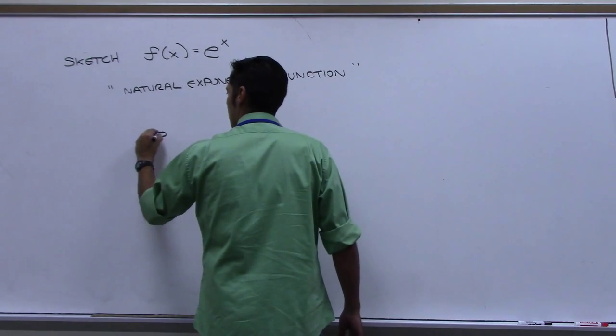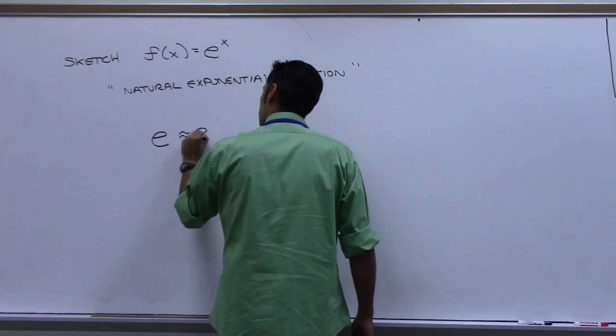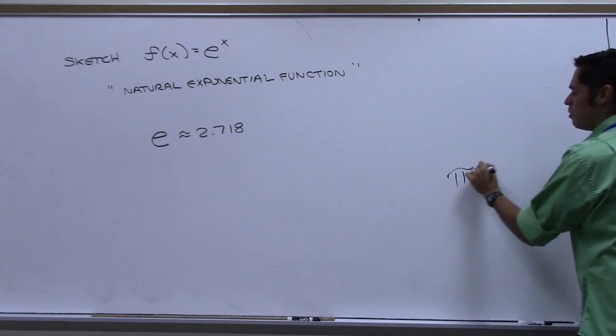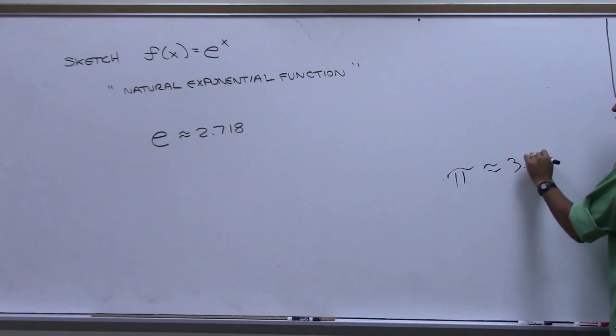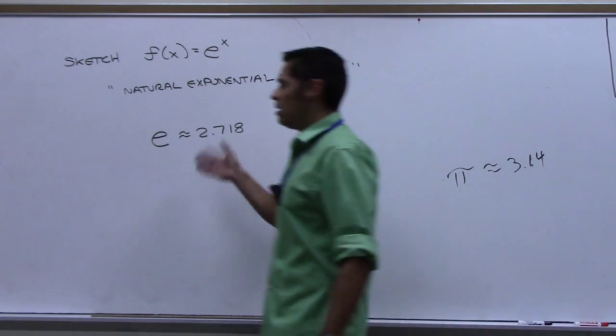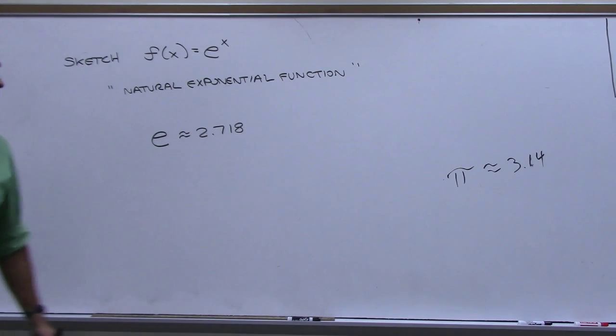E is approximately 2.718. Just like remember pi, everyone knows pi is about 3.14? Well, e is a very special number in mathematics, and it is about 2.718.